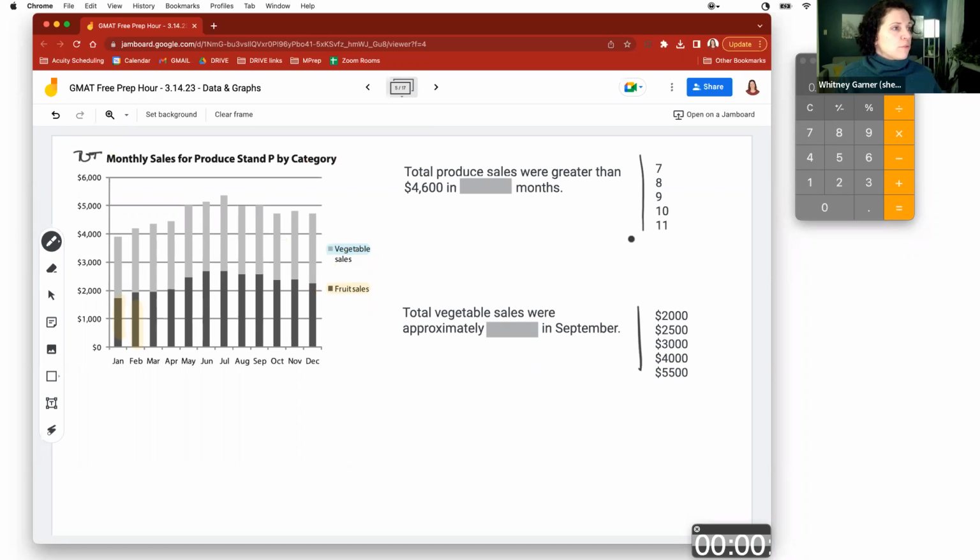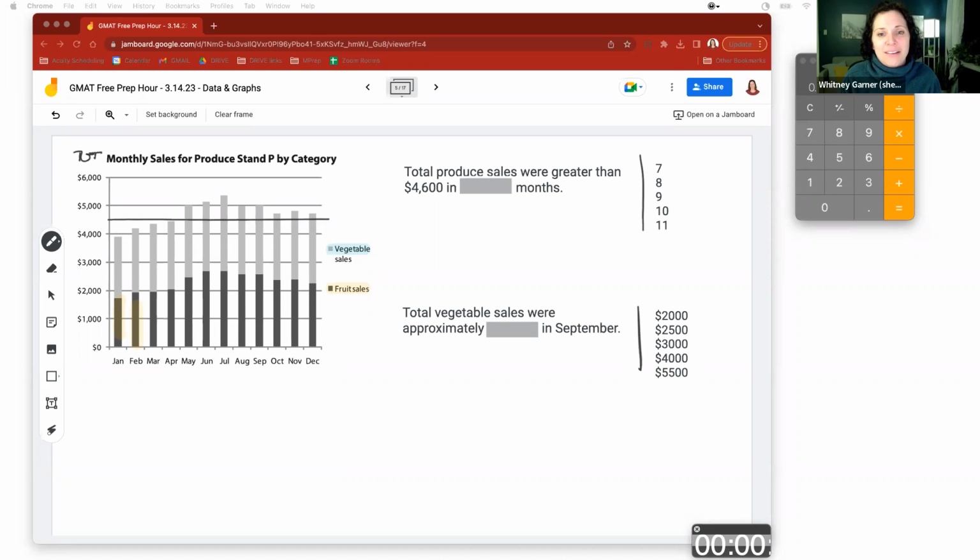And so total produce sales were greater than 4,600. So now I have to eyeball this. So if this is my midpoint, 4,500, then I need to figure out which ones of these, and if I split this next difference, that would actually be 4,750. And so they're not trying to mess with us, not entirely.